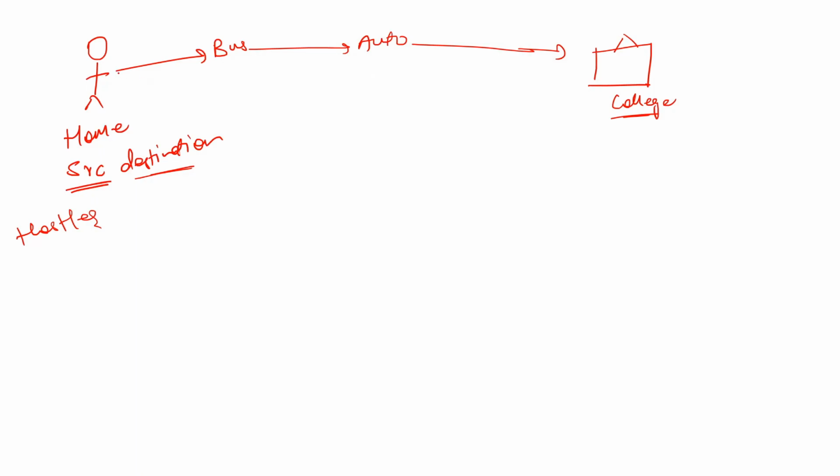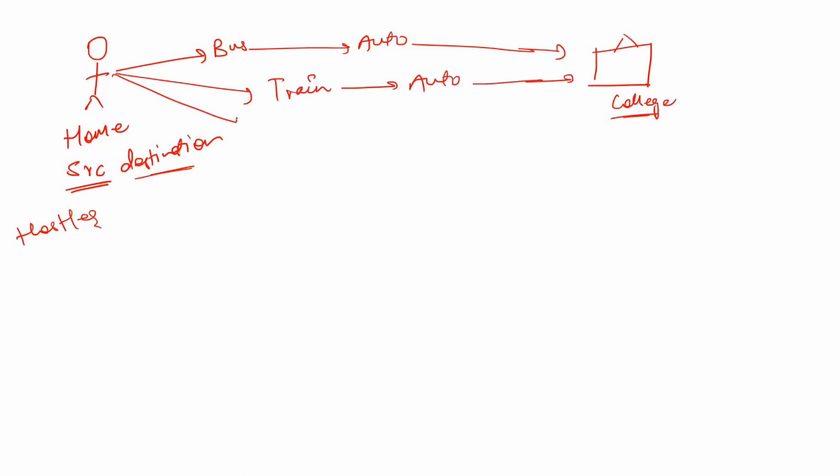The second approach can be to take a train, whether a metro or a local train, depending on which city you are living in. And then after that metro or local, you'll take an auto, and that auto will lead you to your college.